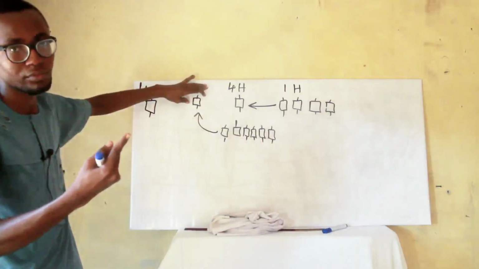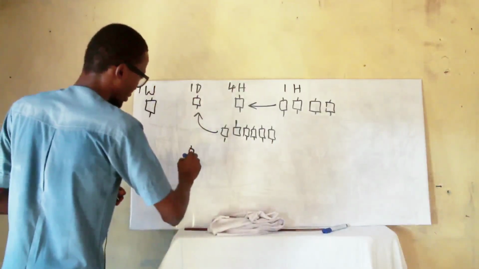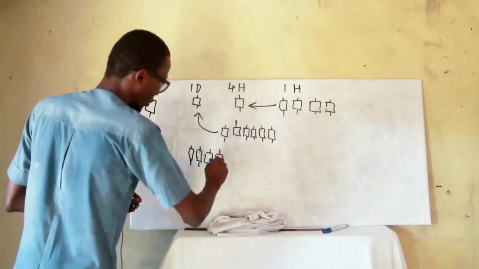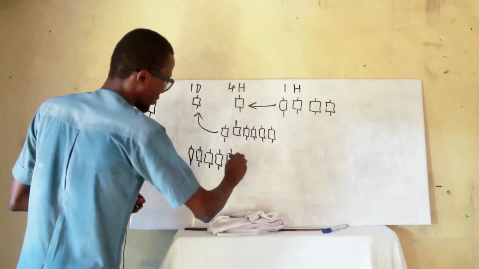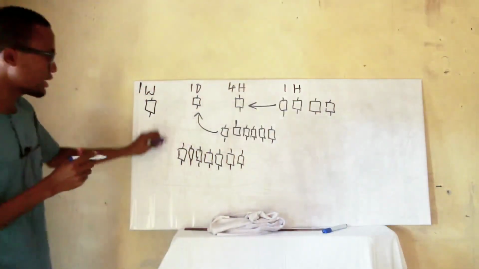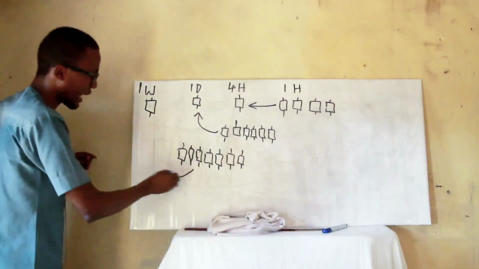Then coming to this daily time frame now, 1, 2, 3, 4, 5, 6, and 7. Look at this, these are 1-day candles. These 1-day candles are 7.